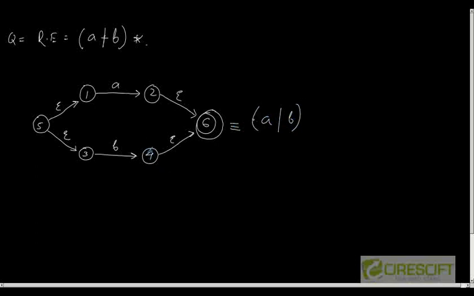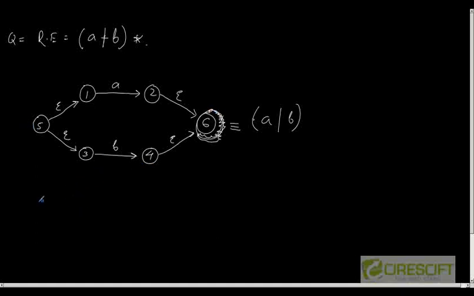Now I have to apply the Kleene closure operator. To do that, I have to remove 6 as a final state, so 6 will no longer be the final state.